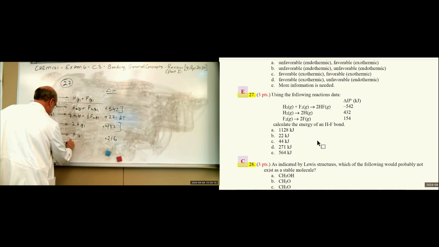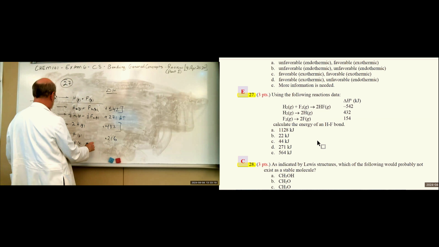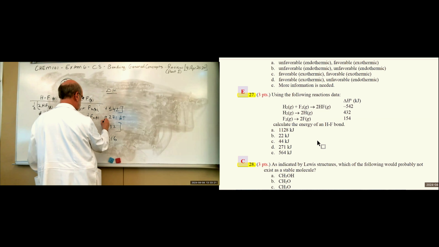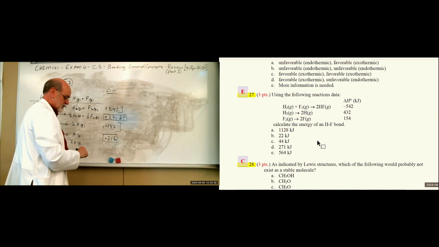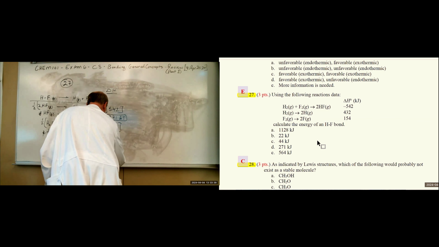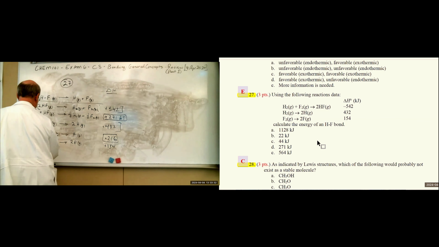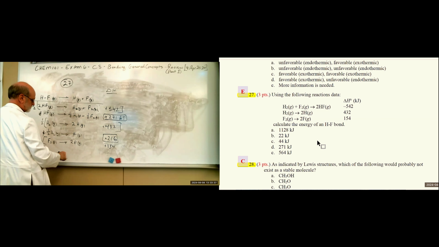fluorine yields 2F gas, and that value, let's see, we're still using this one. We're using this one. And that's 154. But we need 1/2 of that one also. Right, because we only need one fluorine for that.